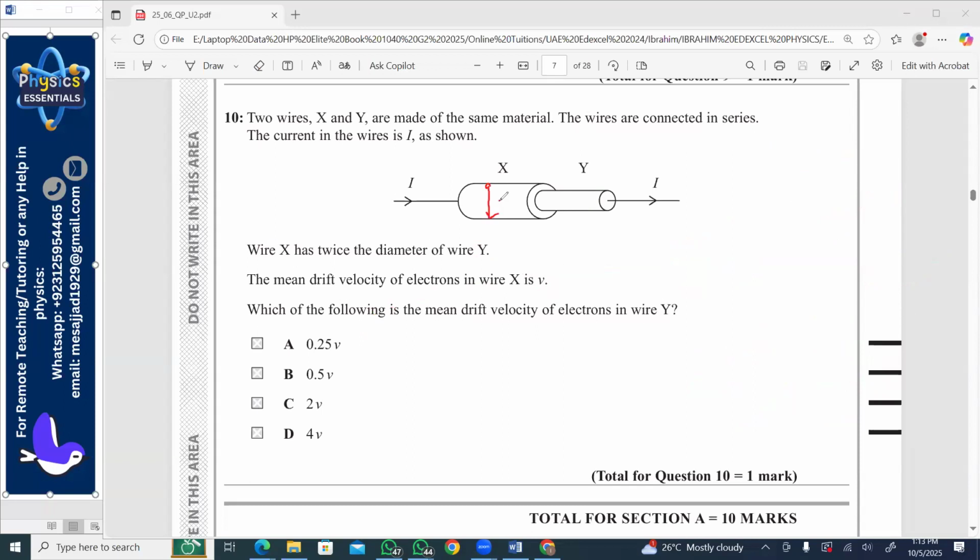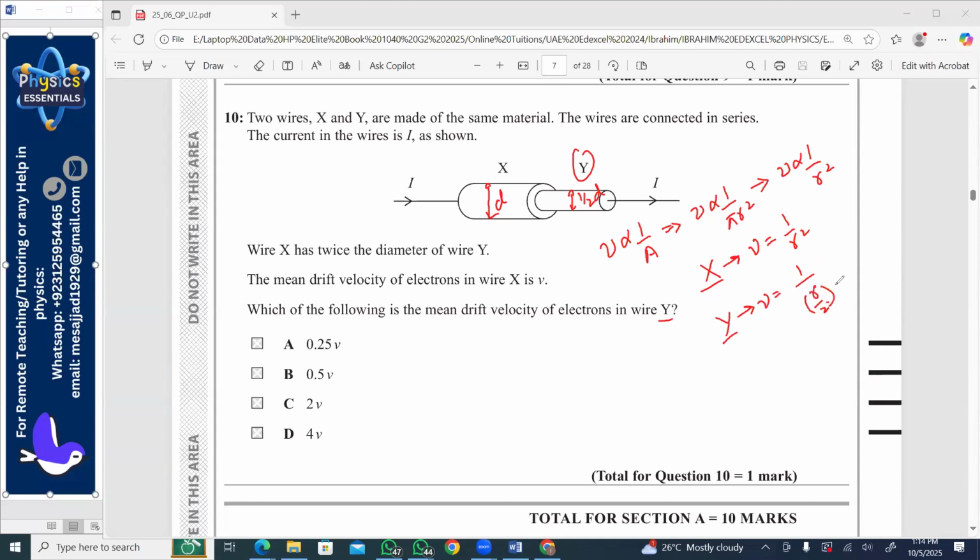So for this, if this is the diameter d, then the radius is half d. So we need to write again 1 over A, and from here inversely proportional to pi r squared. So for y, you are going to write 1 over radius half squared, because diameter means radius is half as well.